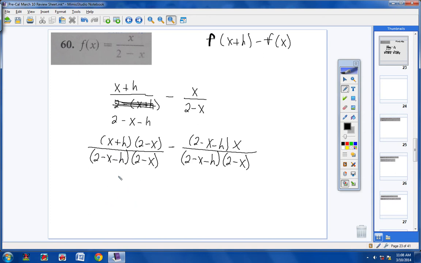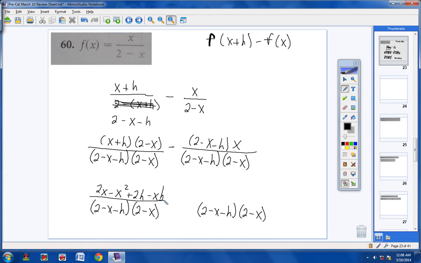So first of all, in this fraction right here, and your old teacher messed up, sorry, I apologize. There we go. In your first fraction here, x plus h times 2 minus x, you should get 2x minus x squared plus 2h minus xh, okay?